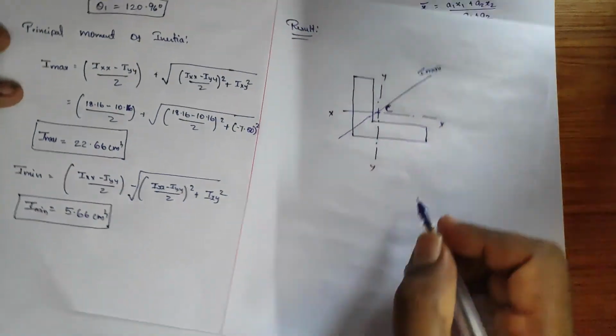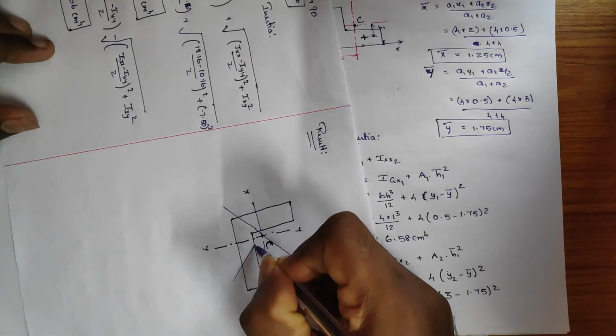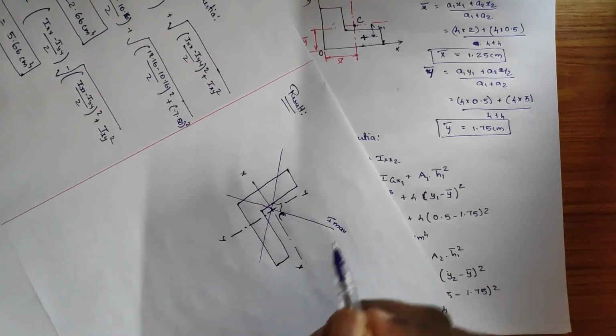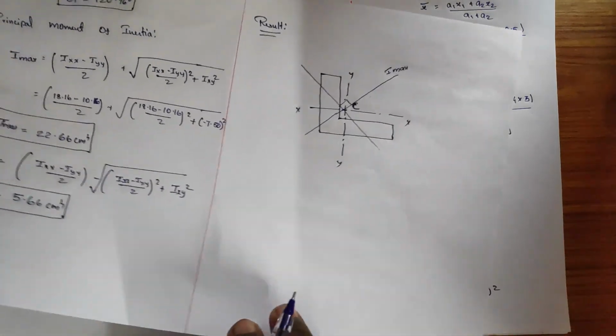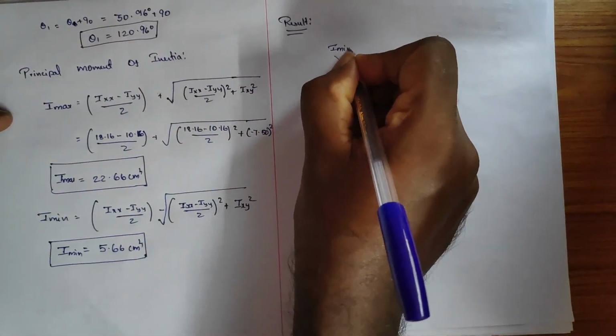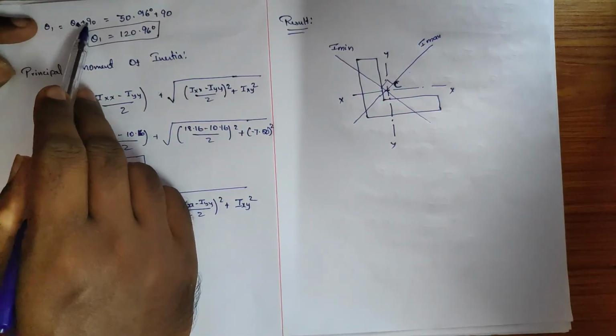Okay, and if you draw the perpendicular line with respect to this I max, then it will be I minimum. That's what we calculated here. Theta 1 is equal to theta plus 90.